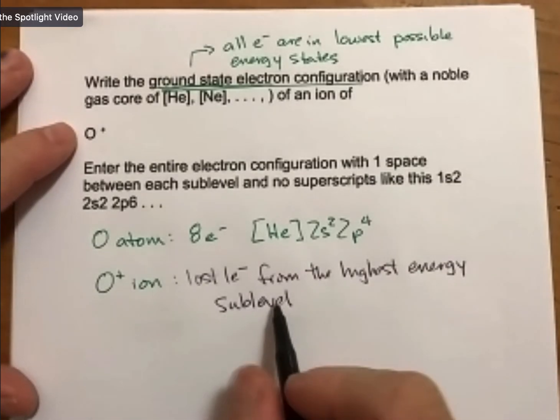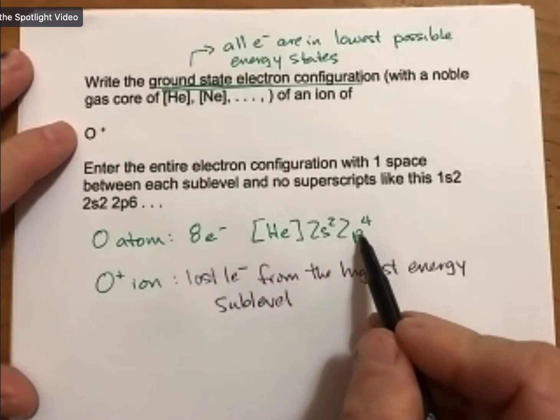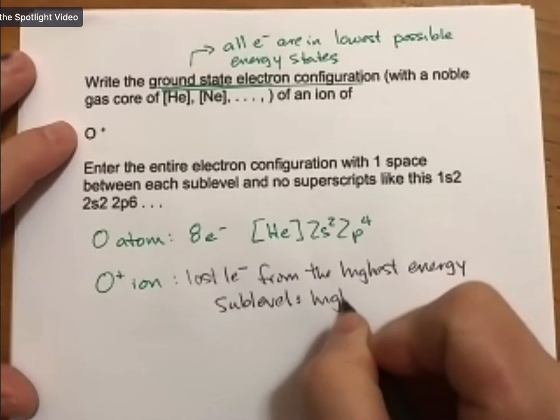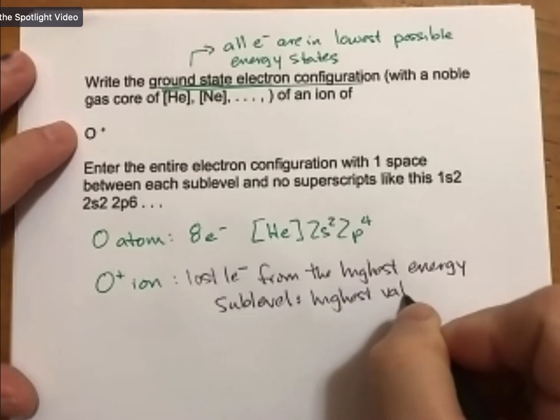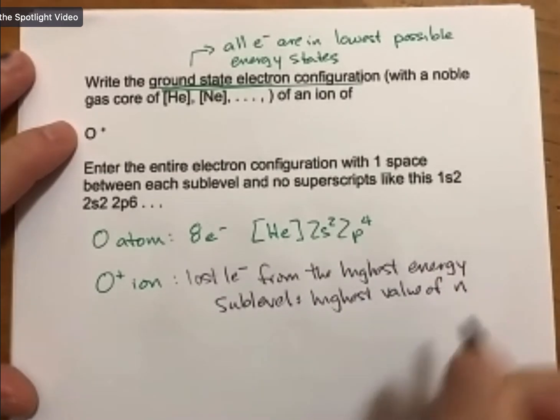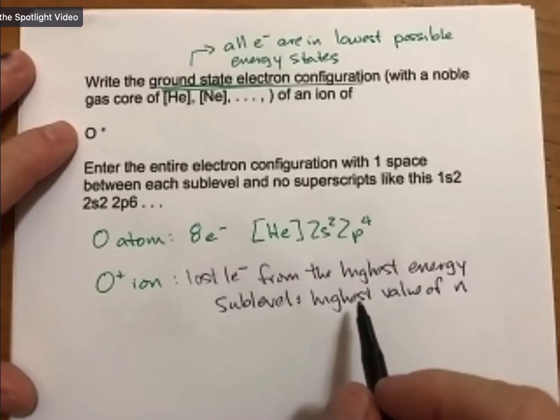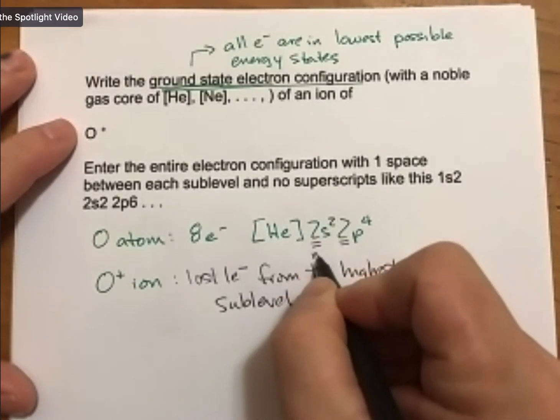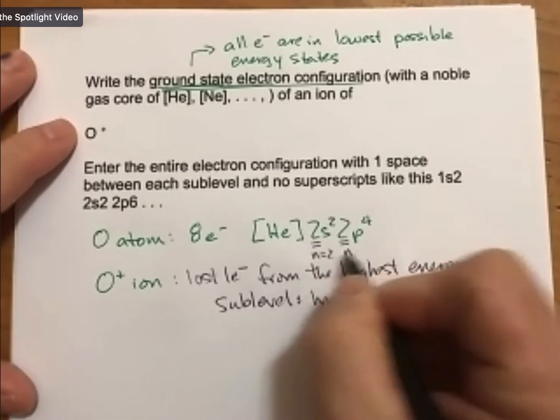And the highest energy sublevel is always the one with the highest value of n, where n is the number right here; n equals 2 for these.